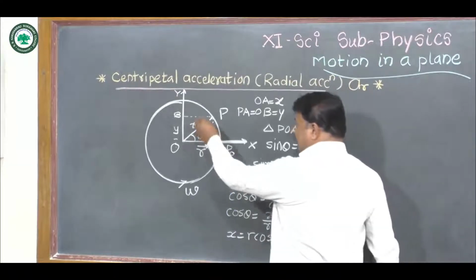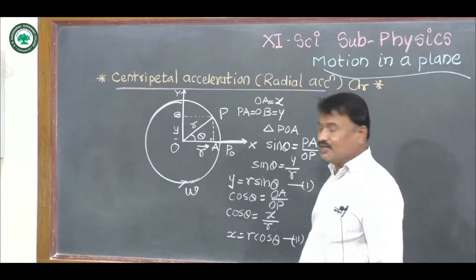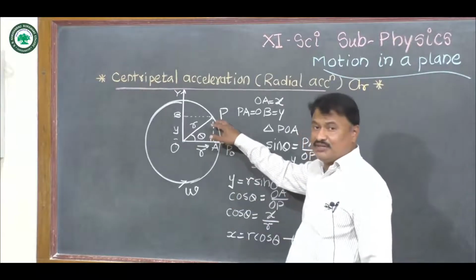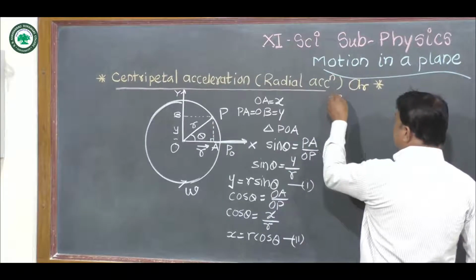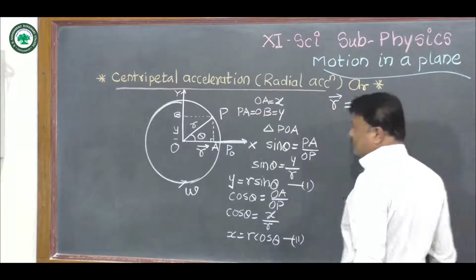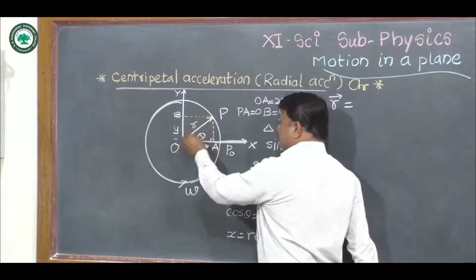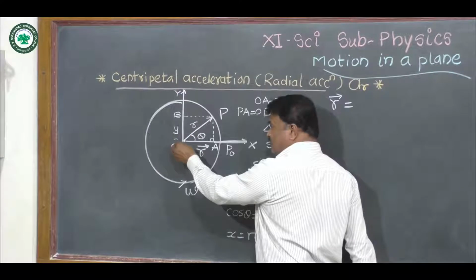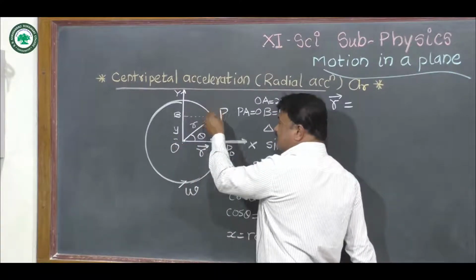Now this OP shows the radius vector, also called the position vector. This vector OP starts from the center of the circle O and ends on the position of the particle on the circumference.